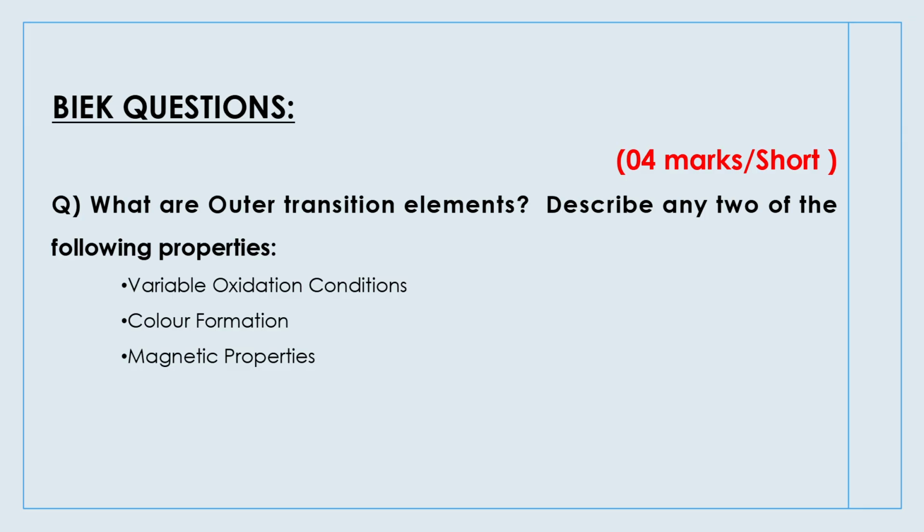So it's completely up to you which 2 properties you want to define out of variable oxidation states, color formation, and magnetic property. Make sure that when you attempt this question, you are giving complete and detailed analysis for the properties that you have selected for the explanation.